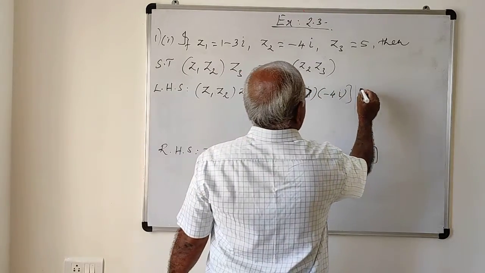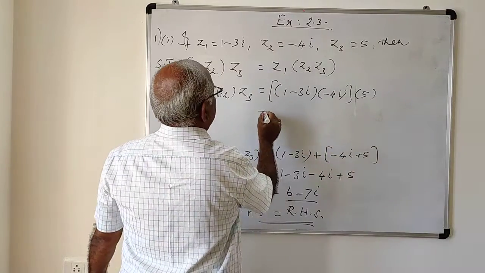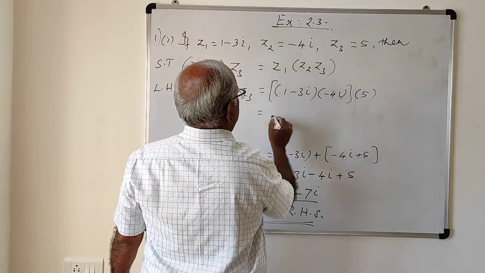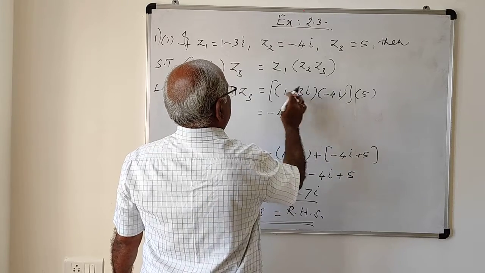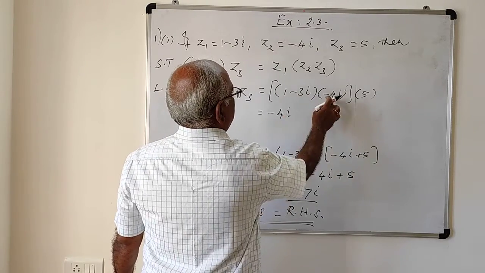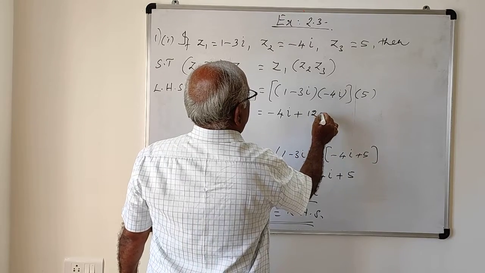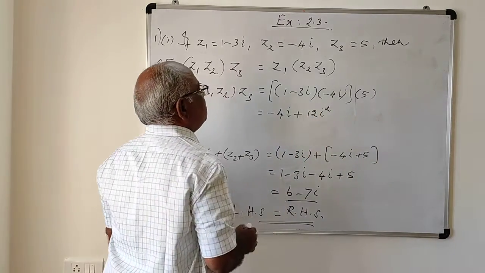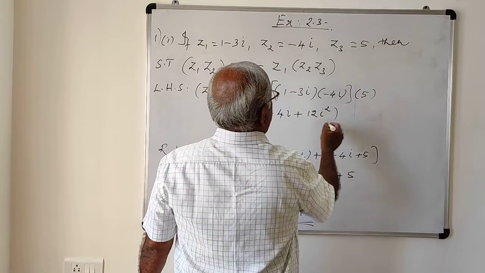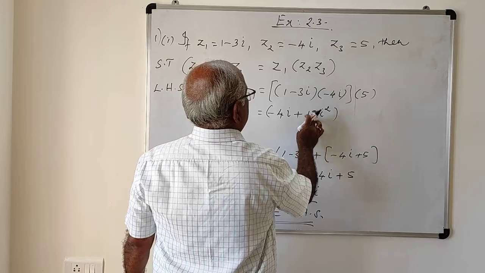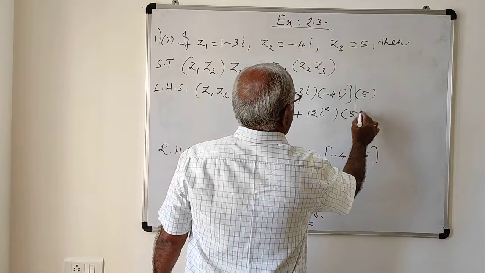and z3 is 5. Multiplying first within this bracket: 1 into minus 4i is minus 4i, and minus 3i into minus 4i is plus 12 i square, all into 5.